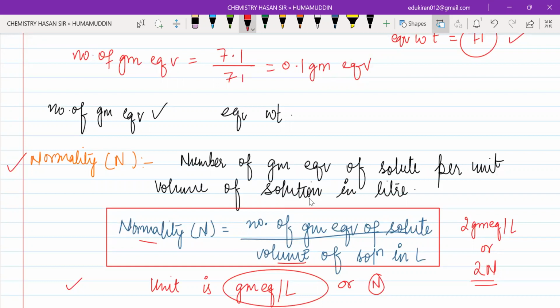Then it's just step by step. For normality, you need to calculate the number of gram equivalent, put the value here, and whatever volume is given, convert it into liter.